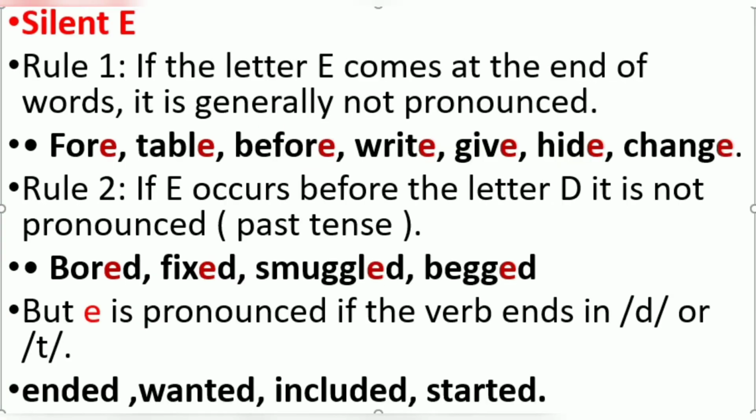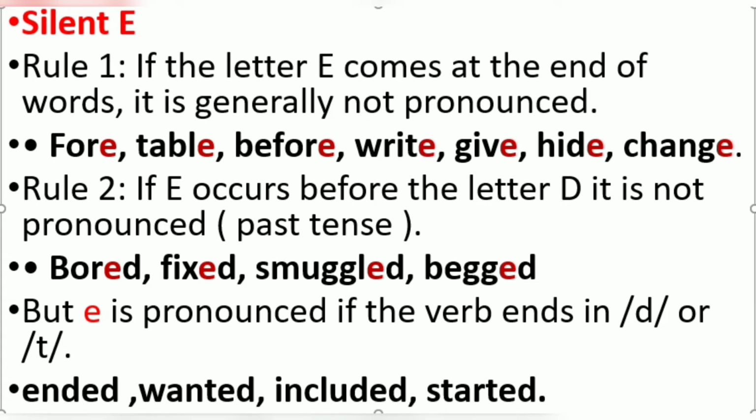Now the letter E. If the letter E comes at the end of words, it is generally not pronounced. For example, for, table, before, right, give, hide, change. If the letter E comes before D, it is not pronounced.